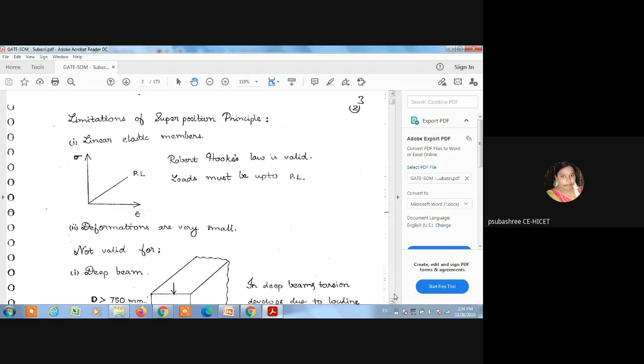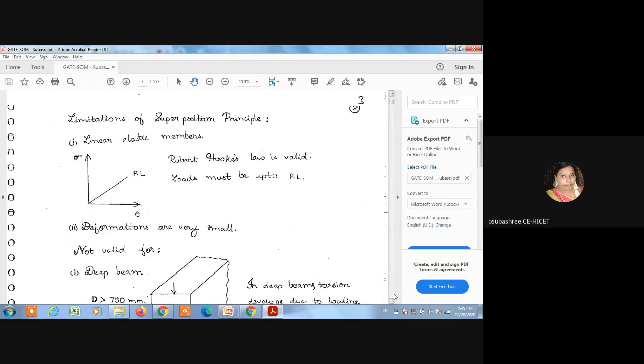So Hooke's law is valid, and loads must be up to the prescribed loading, which means it is a linear elastic material. First, you should know the difference between linear and non-linear. Linear means the stress-strain graph is an inclined line.